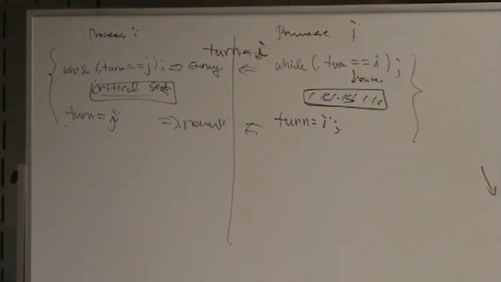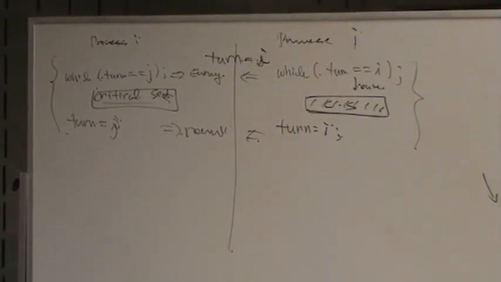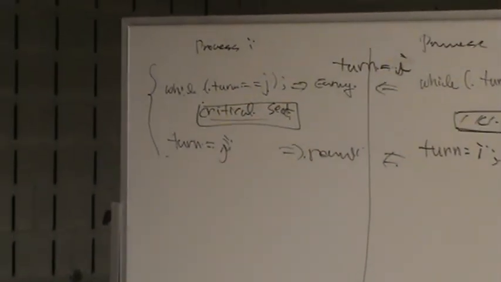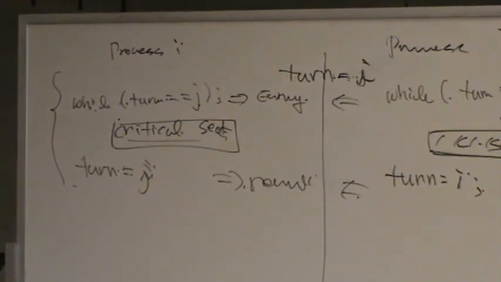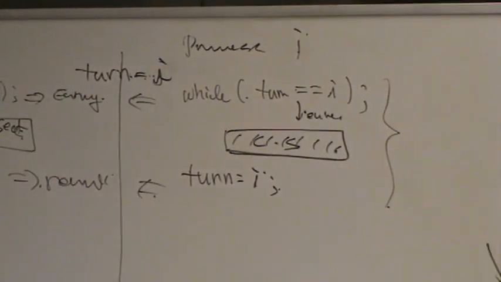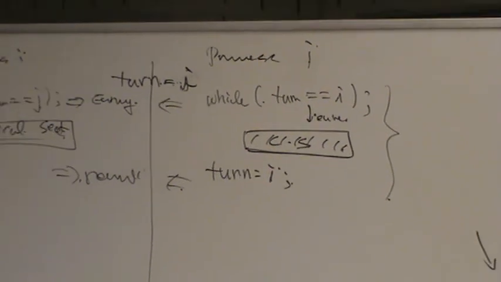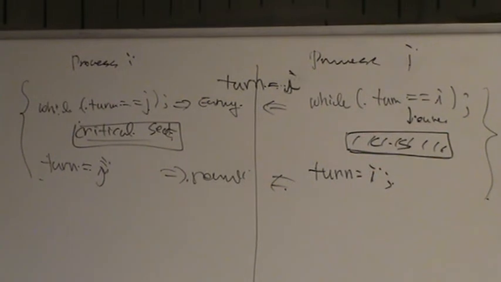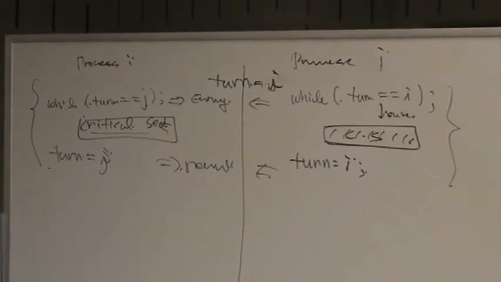So this is the simplest synchronization algorithm. However, it is not perfect. That example just shows what the entry section is, what the critical section is, and what the exit section is.